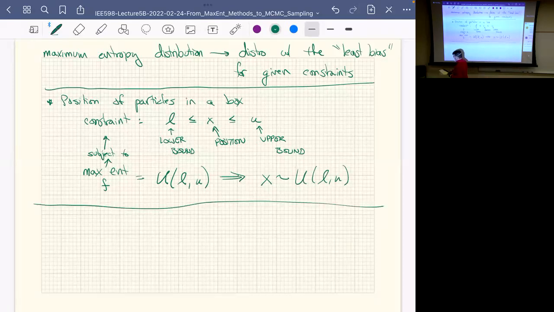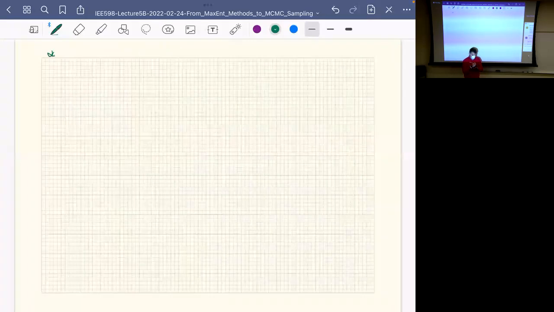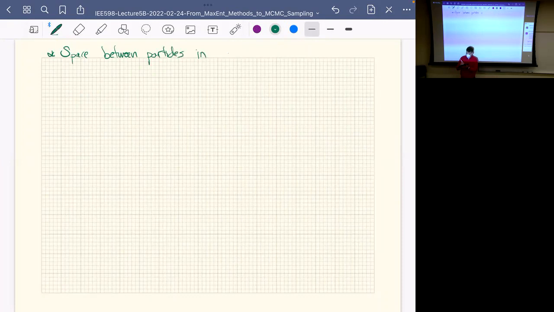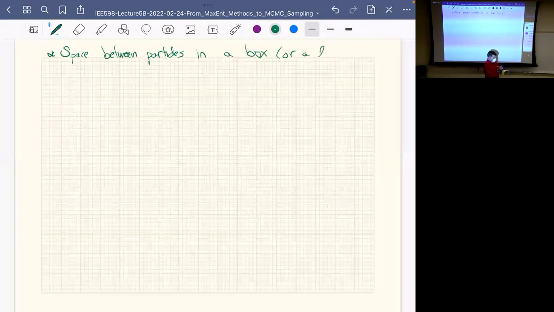So let's consider a little bit more difficult one, a more interesting one. As kind of another related example, what about the space between particles in a box, or a line, just to be simpler.